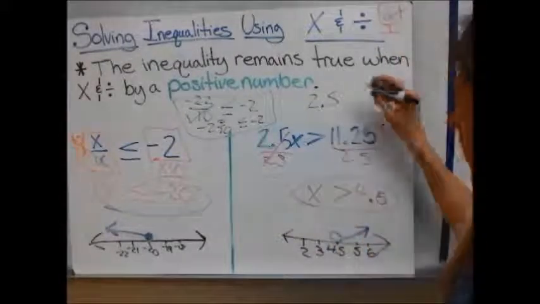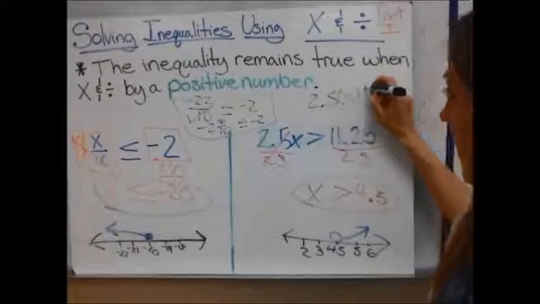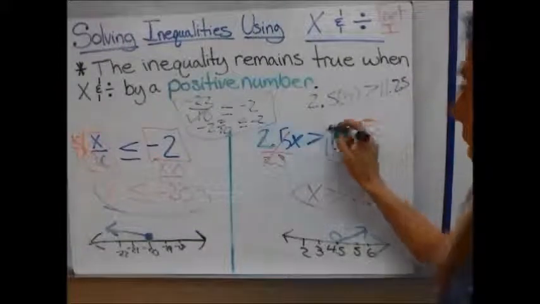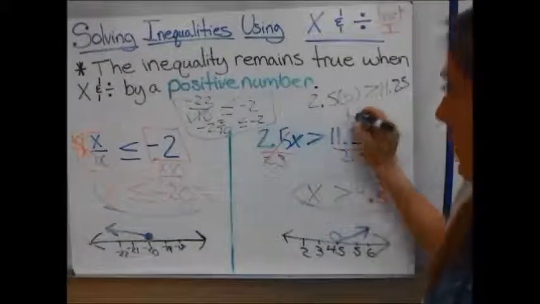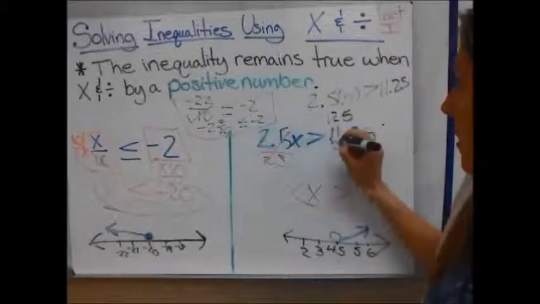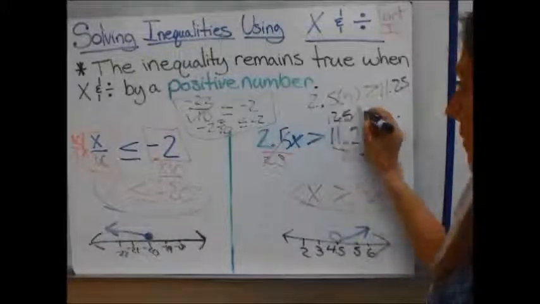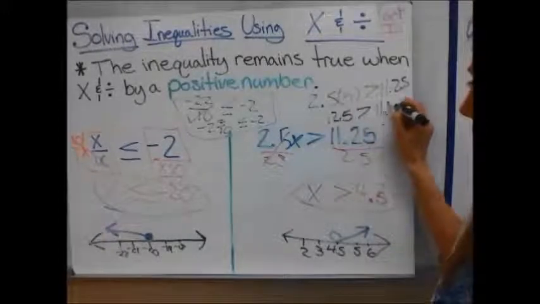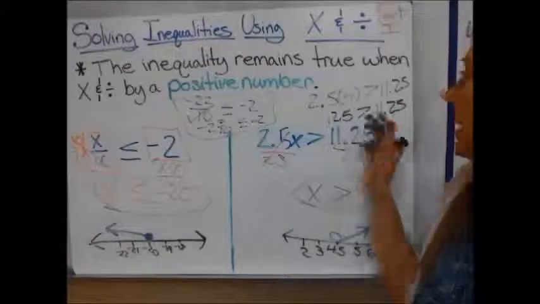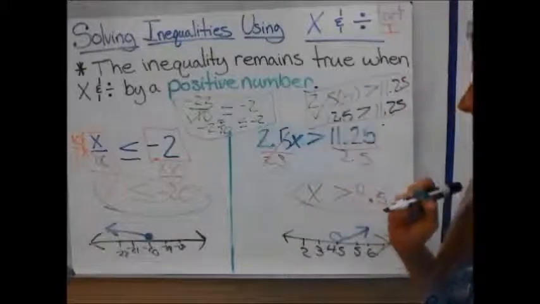So I have 2.5 times 5 is greater than 11.25. 5 times 5 is 25, 5 times 2 is 10, plus 2 is 12, and I have to keep my decimal, so I have 12 and a half. 12 and a half is greater than 11 and 25 hundredths, or 11.25, and it's true. And so that checks out okay.